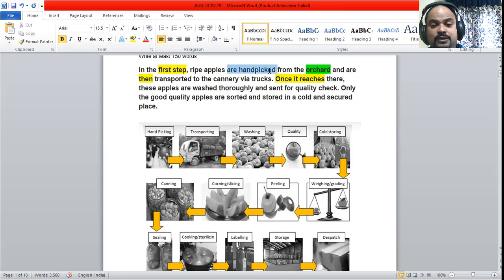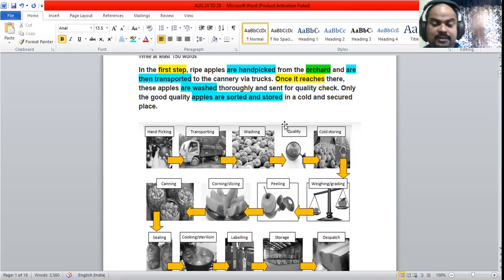Now we can see the voices: are handpicked, are then transported, are washed, are sorted and stored. These are the passive voice that we have used.